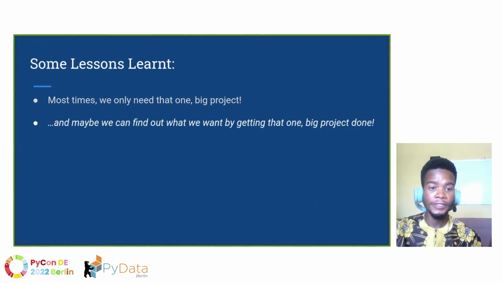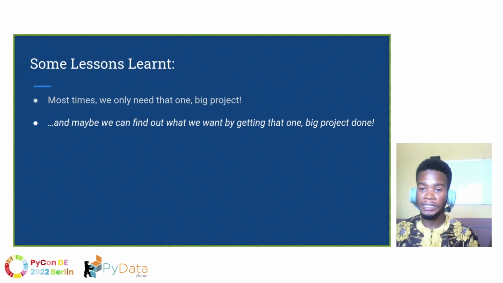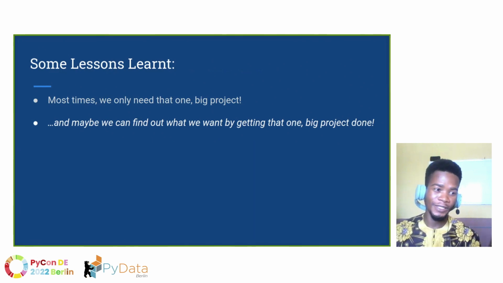And also maybe we can find out what we really want to do by getting that one big project done. I realized that I wasn't too sure of the direction I was going to take. I have multiple skills. I could work as a software engineer with a focus on machine learning. I could work as a machine learning engineer. I could work as a data scientist.